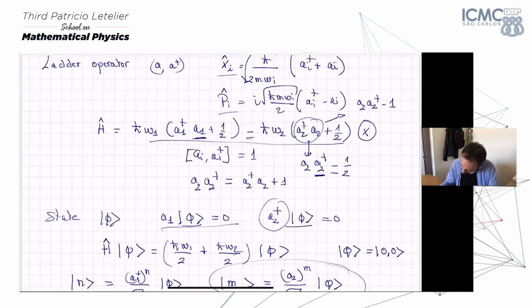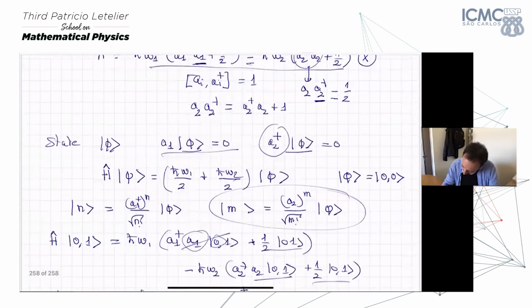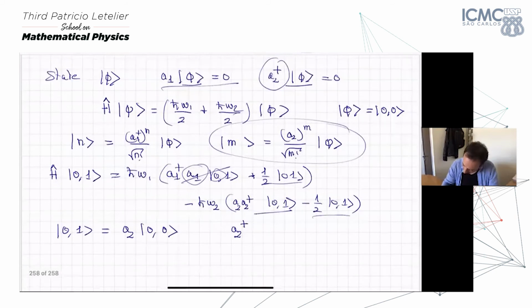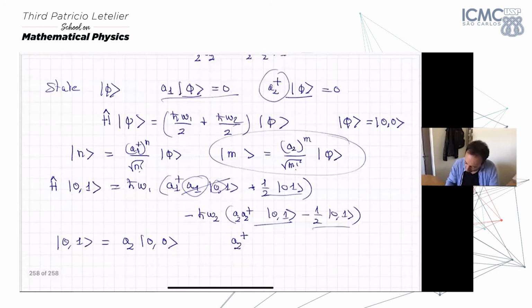I know I wrote this formula somewhere. So here in this one, I will write it as A2 DAG and minus 1. With the other one, it gives half. So A2 DAG, and this will give me the A2 0, 0. Okay.